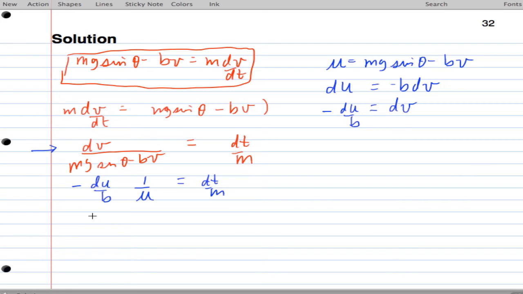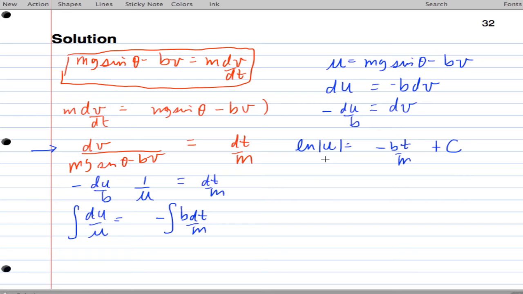And so I'm going to end up getting du over u equals negative b dt over m. And I can integrate both sides now. And when I go ahead and do that, I'm going to end up getting natural log of u equals negative bt over m plus c.